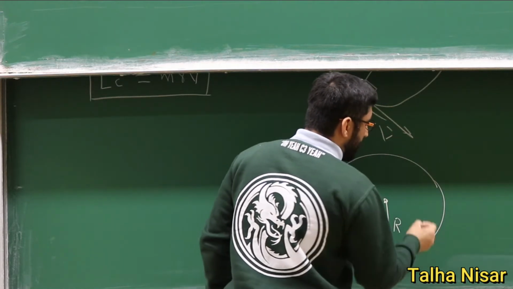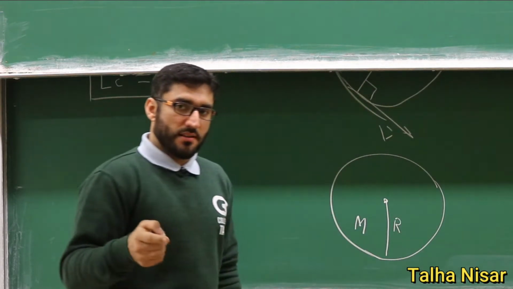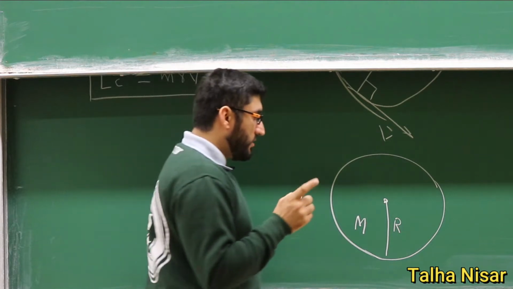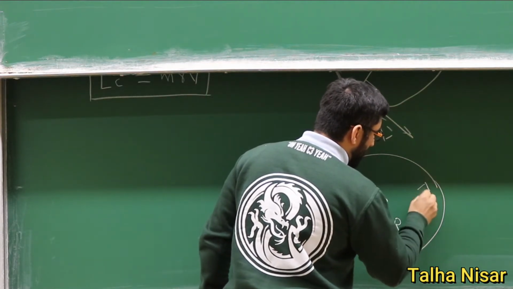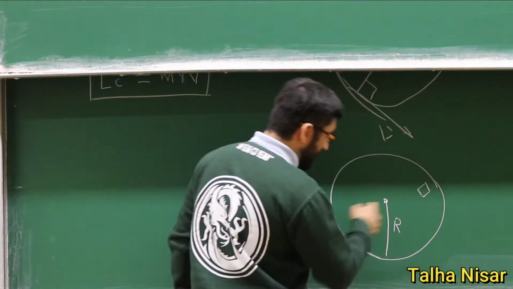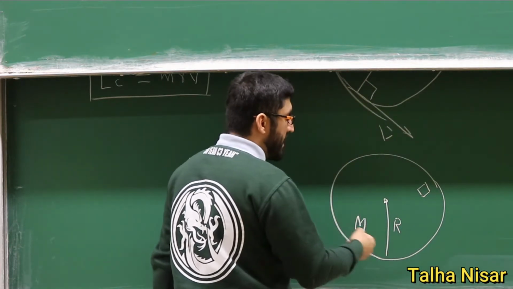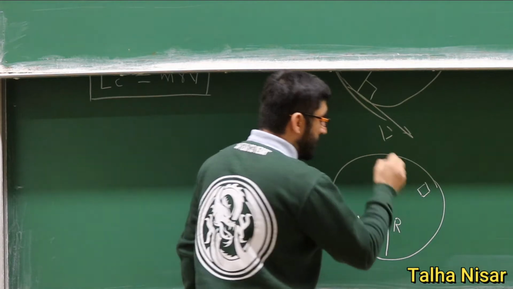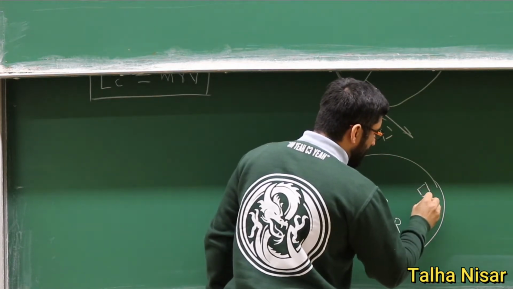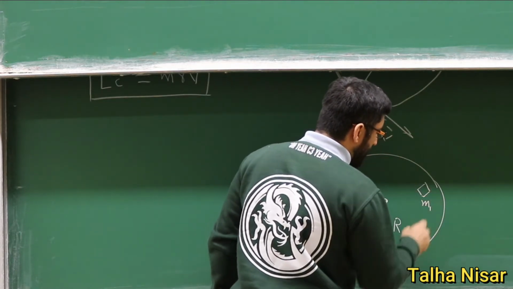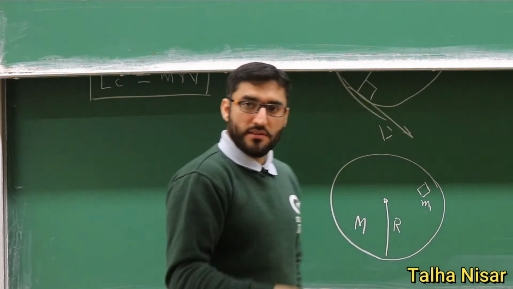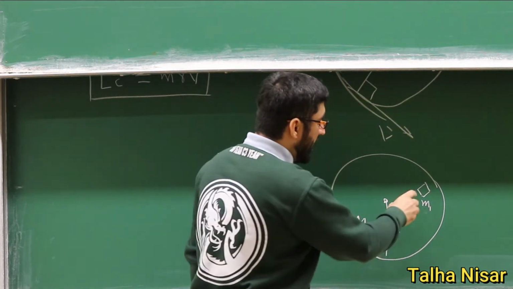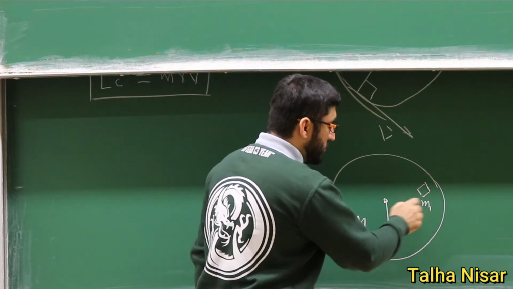What we did, for example, when we were talking about the kinetic energy of rotating objects, was take a small element of the mass. So the big M is the mass of the whole disk, but we will take a small m, m_i, for example, and we will first derive the angular momentum for only this small little m.